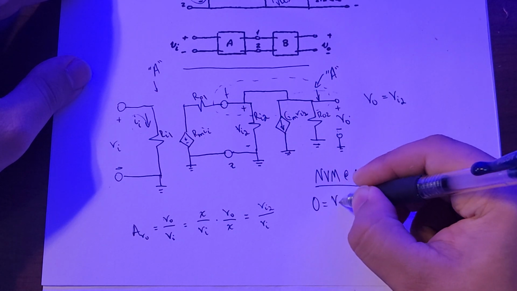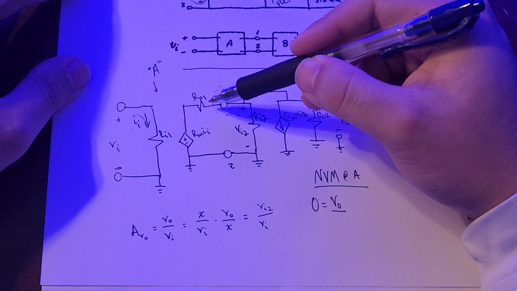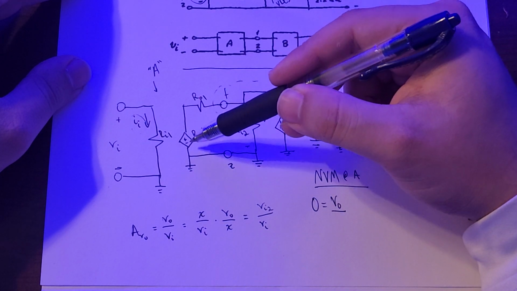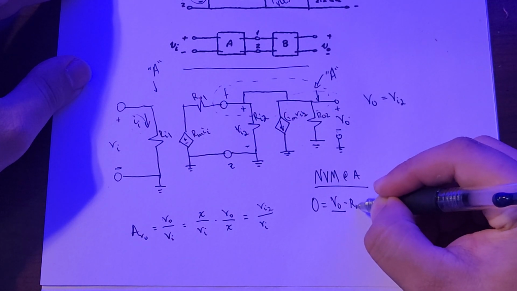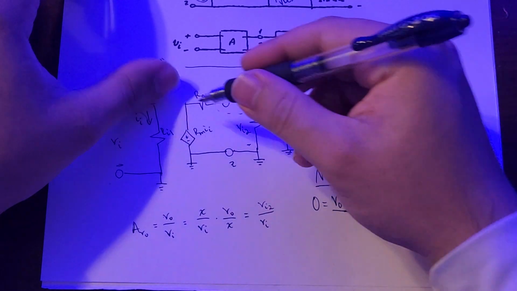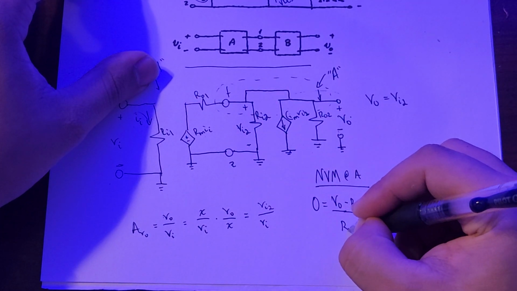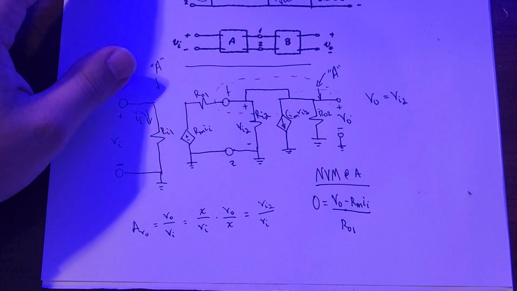0 is equal to VO over, and we'll start going to the left. So we have VO minus RM II divided by this resistance, R01, or Rout1.